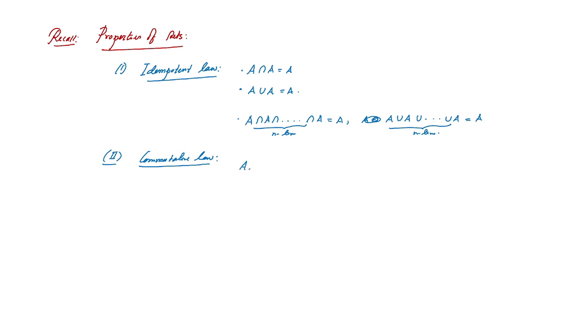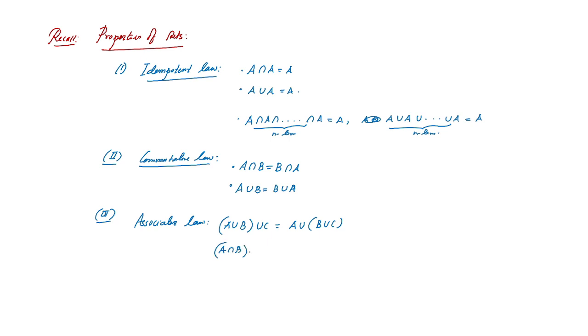Commutative law: A intersection B is B intersection A, and A union B is B union A. Now the next law is the associative law: A union (B union C) is (A union B) union C, and A intersection (B intersection C) is (A intersection B) intersection C.